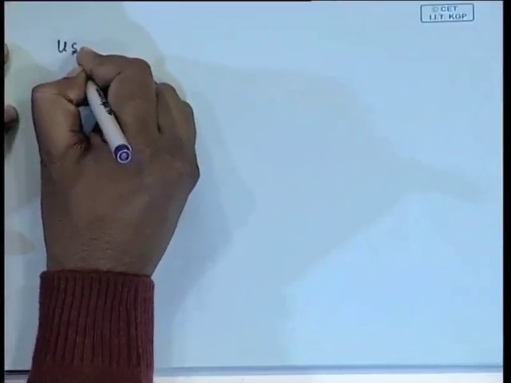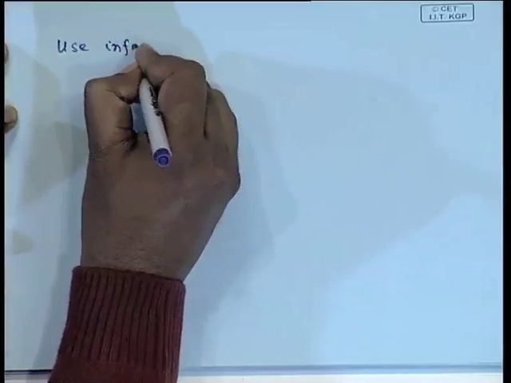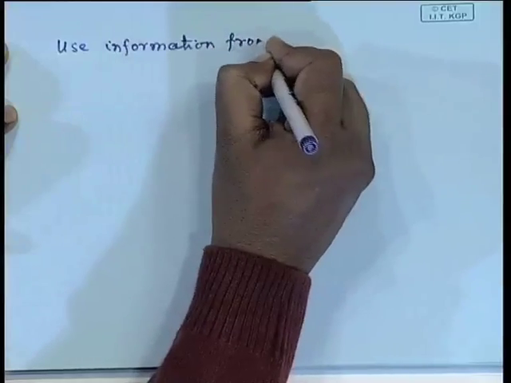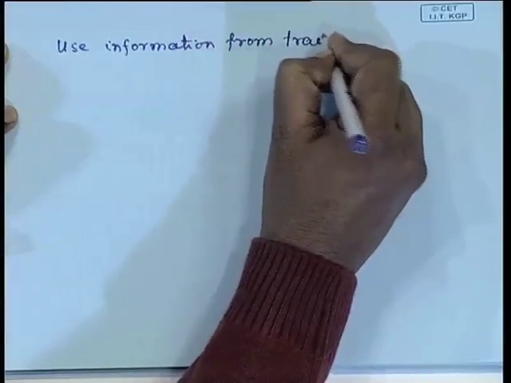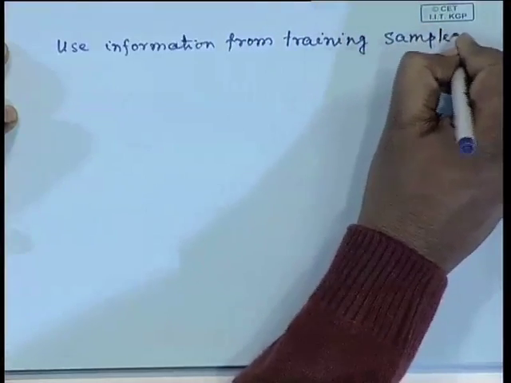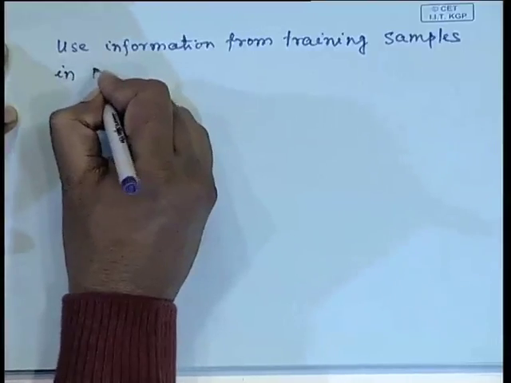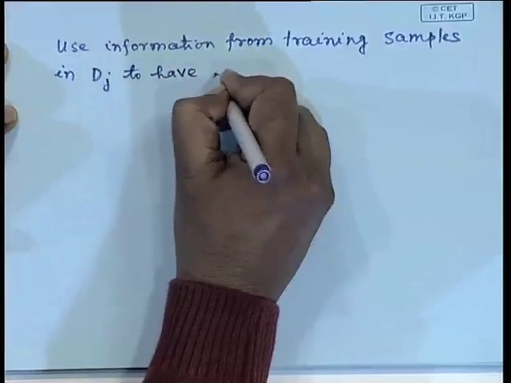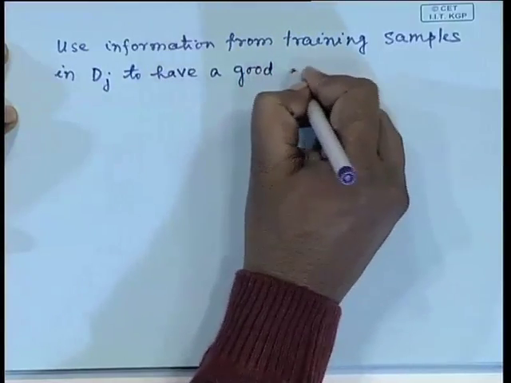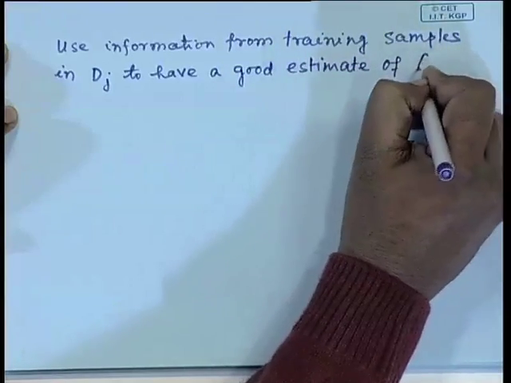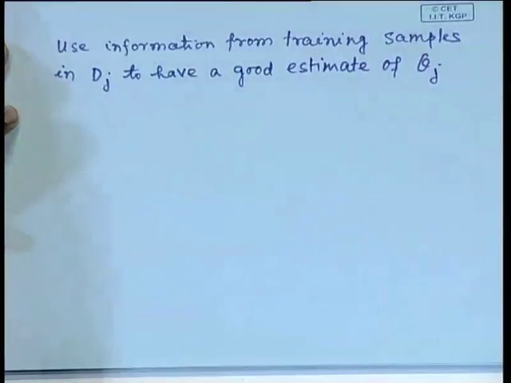So, we have to use information from training samples in set D j to have a good estimate of the parameter vector theta j.